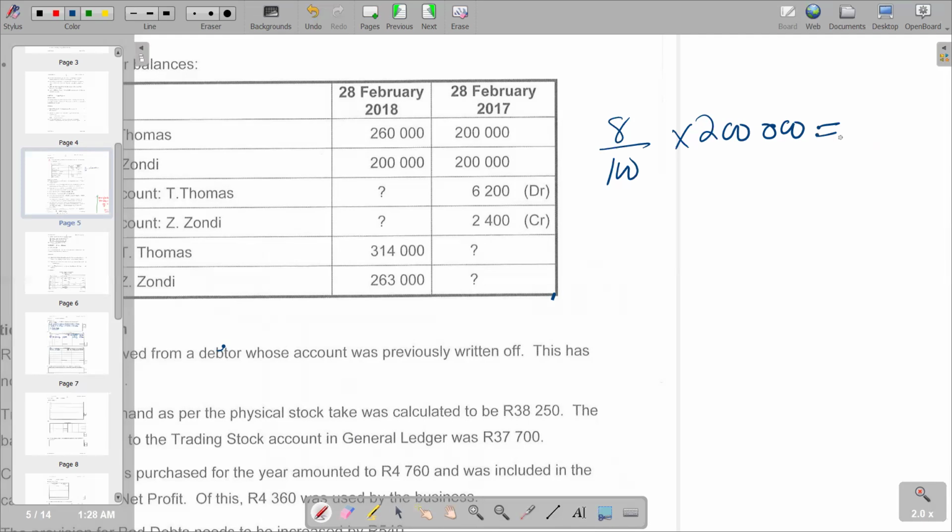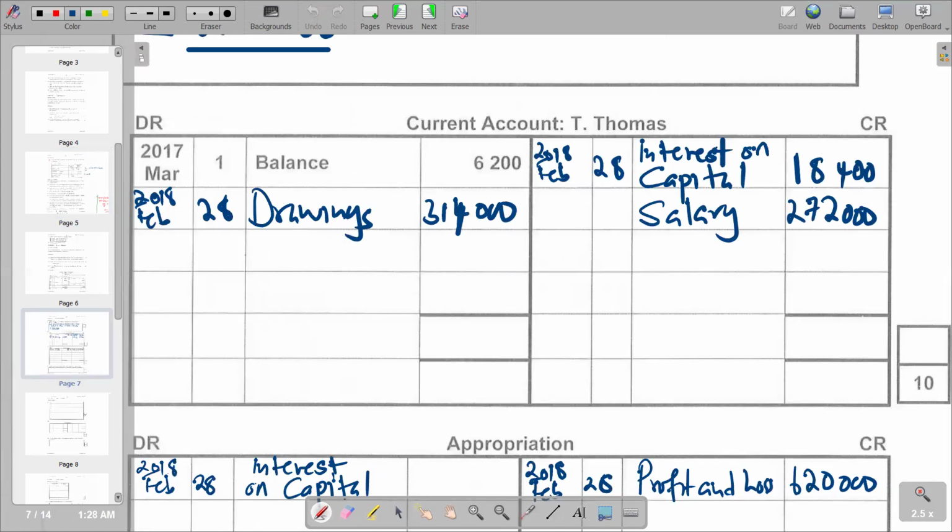And the figure that you are going to get there, let's just try to see what we get. You're going to get it as 16,000. So you have 16,000 as interest on capital of Zondi. So to get the total interest on capital, you're now saying 16,000 for Zondi, plus the one that we have for Thomas, which we calculated and we got 18,400.